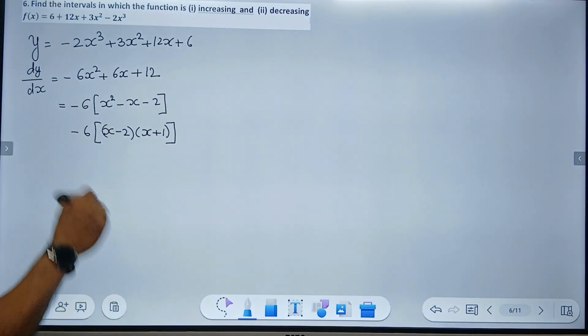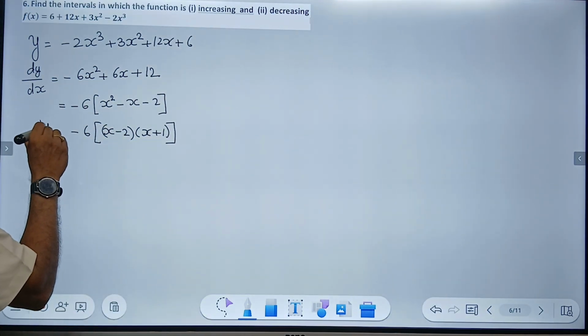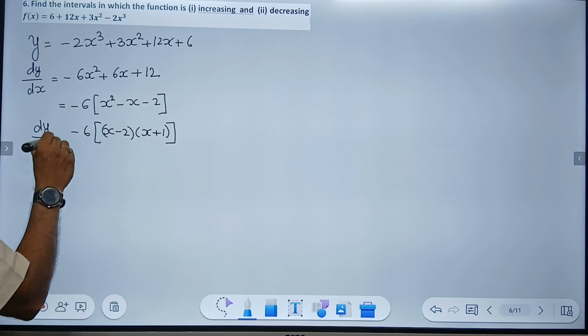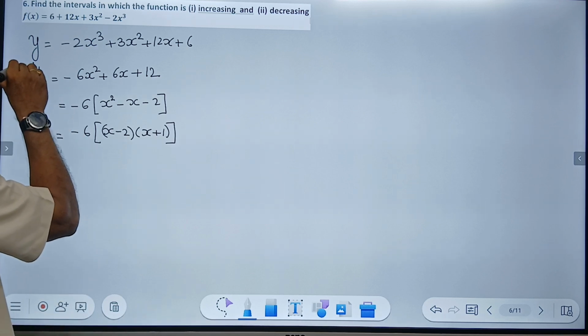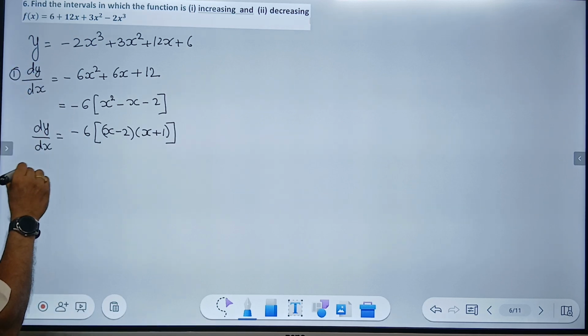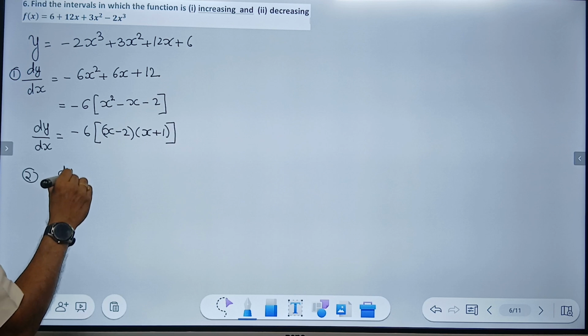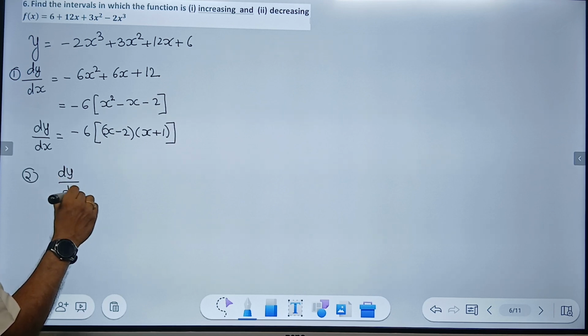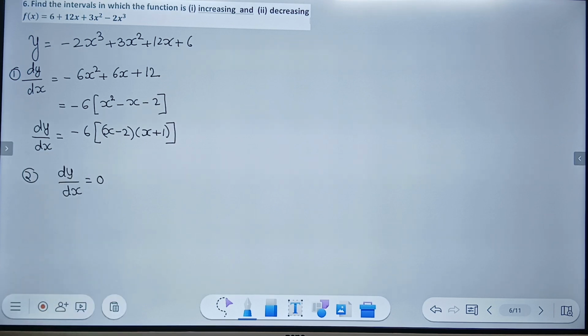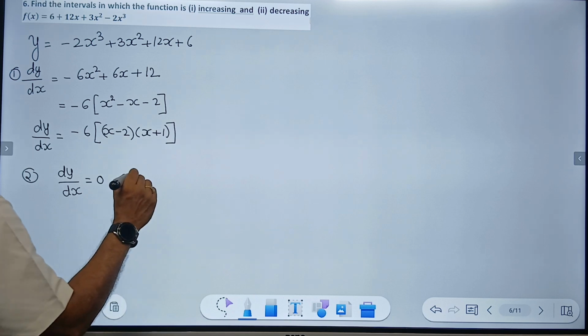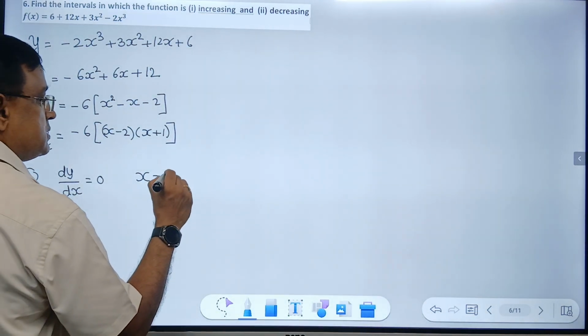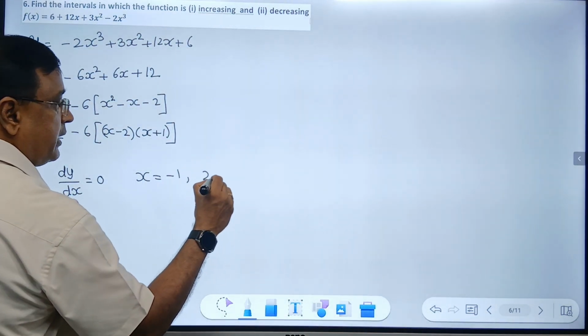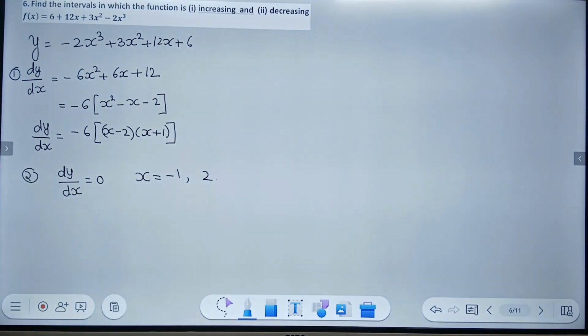Just factorizing the quadratic. This is my dy by dx. Step 1 is completed. Now what is step 2? Turning point, right? So put dy by dx as 0. So when I put dy by dx as 0, what are the x values? I will get x is minus 1 and I will get x is 2. So these are the critical points.